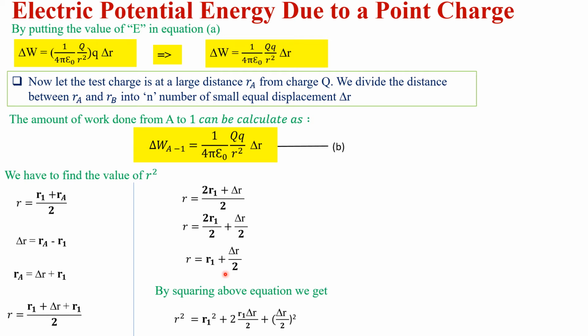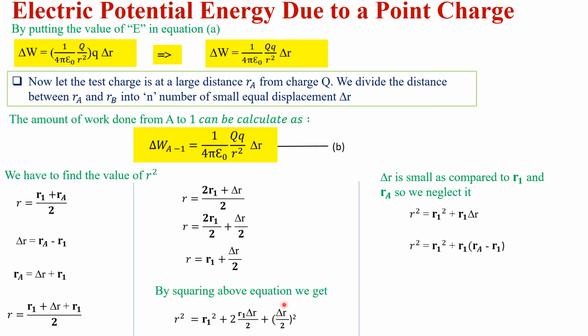By squaring the above equation, we get R square is equal to R1 square plus 2R1 delta R divided by 2 plus delta R divided by 2 whole square. We get this equation by using the formula a plus b whole square is equal to a square plus 2ab plus b square. Delta R is small as compared to R1 and RA, so neglect it.